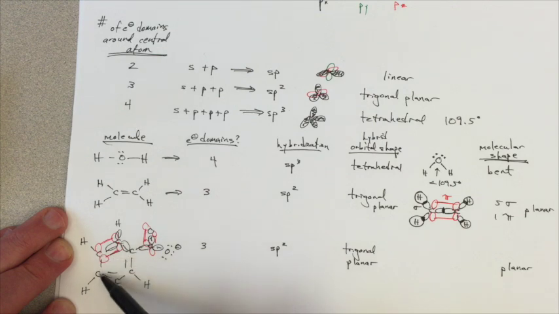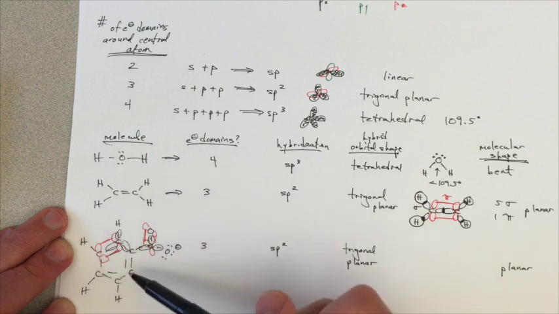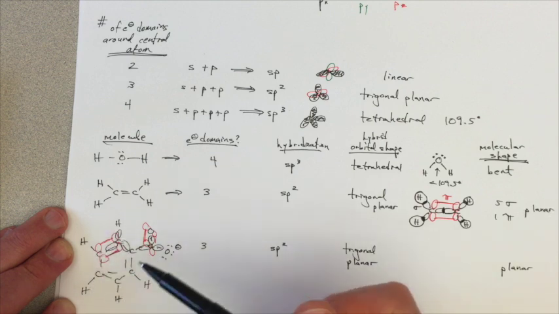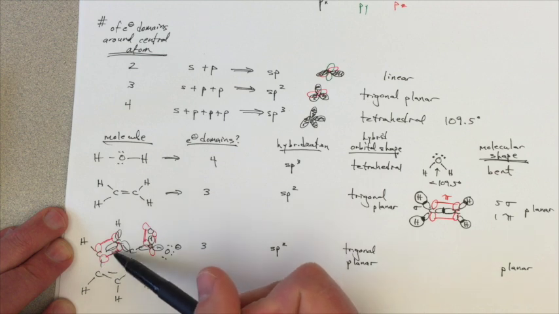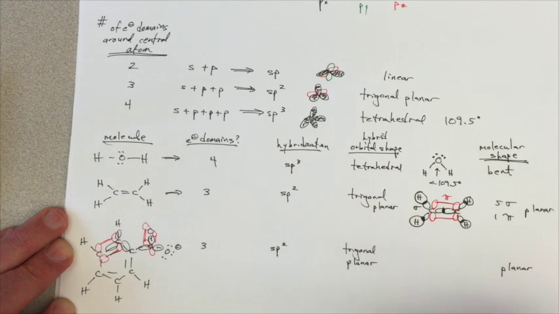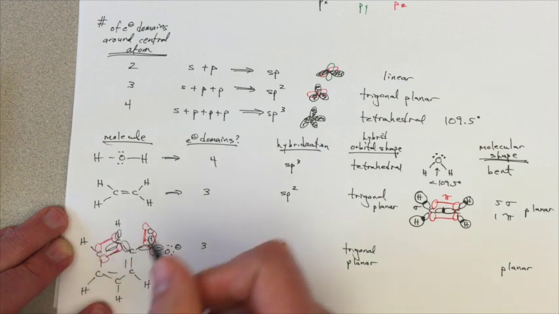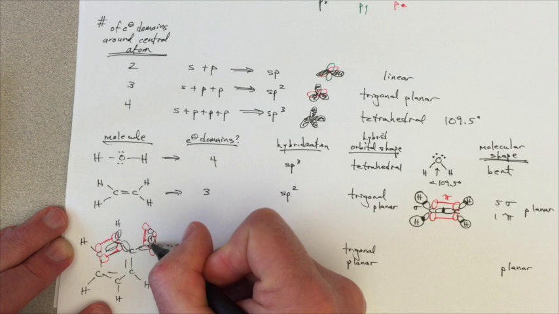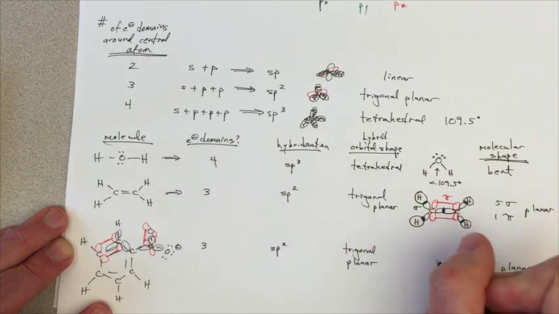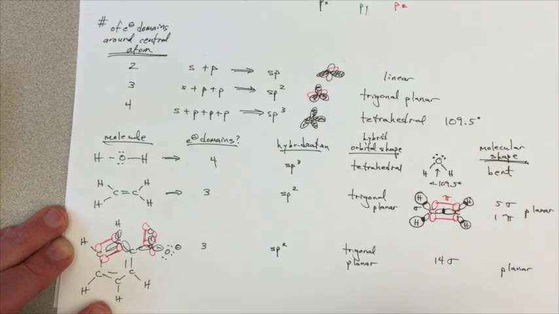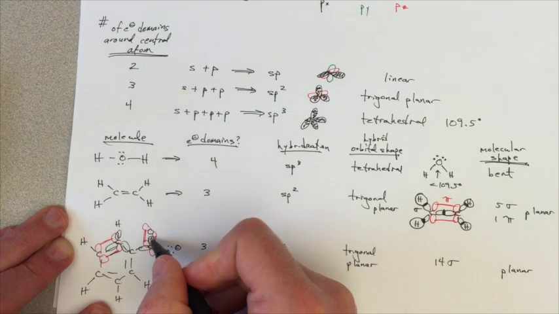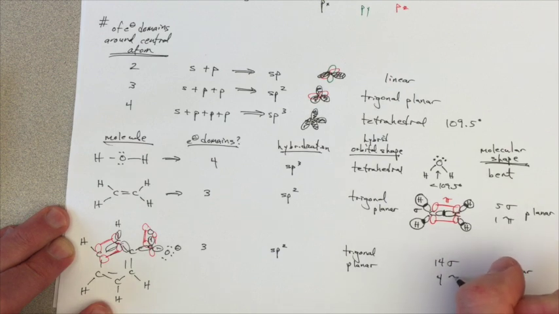We've got 1, 2, 3, 4, 5, 6 bonds holding the carbons together, plus 6 sigma bonds with their substituents, plus 3 pi bonds. So we have 12 sigma bonds within this ring, plus 1 here, 13, 14 sigma bonds, and our 1, 2, 3, 4 pi bonds.